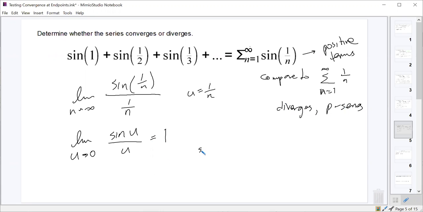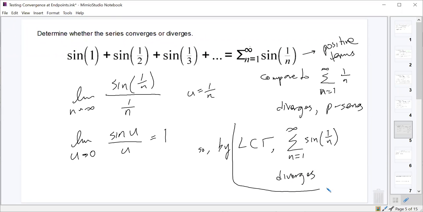And so by the limit comparison test, the sum from n equals 1 to infinity of the sine of 1 over n will also diverge. Does that make sense, everybody? Any questions on that one?